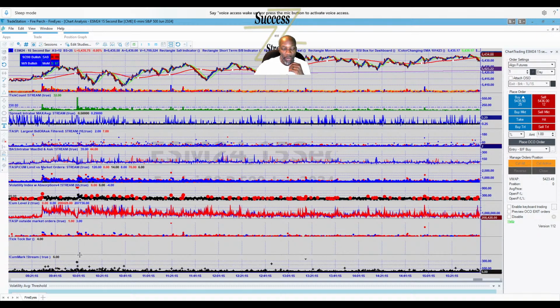It totals all of the market orders in one candle, and gives you this value plus this value. You see how these values are really high? You see how these pluses are really high? This number is off the chart.